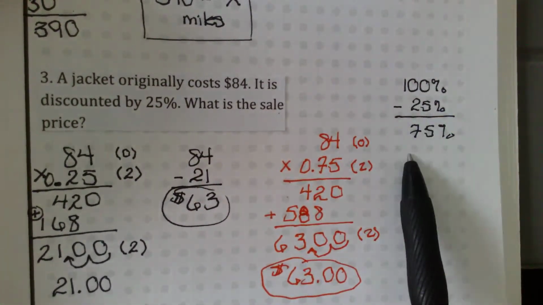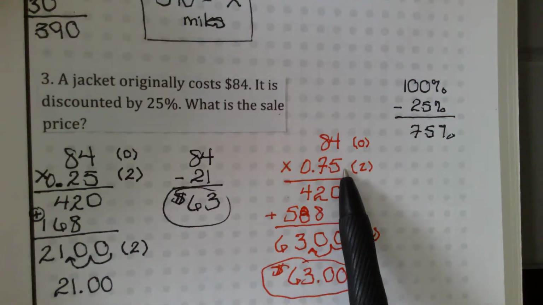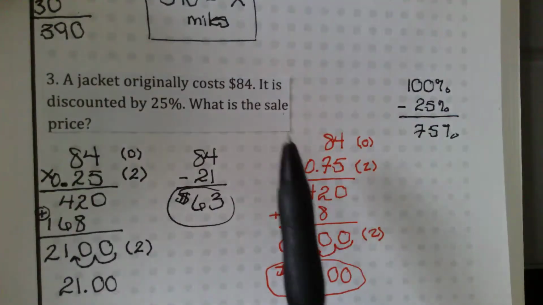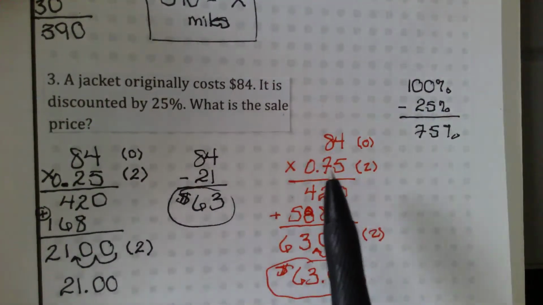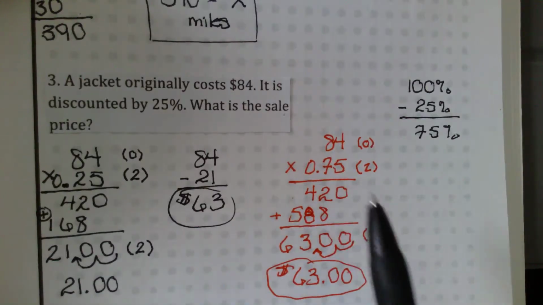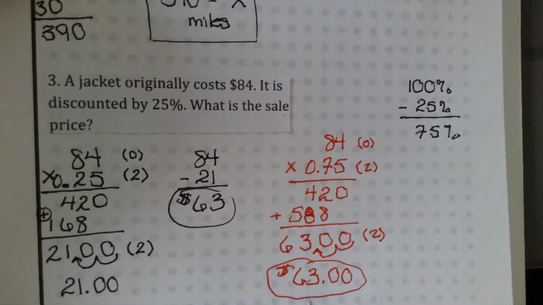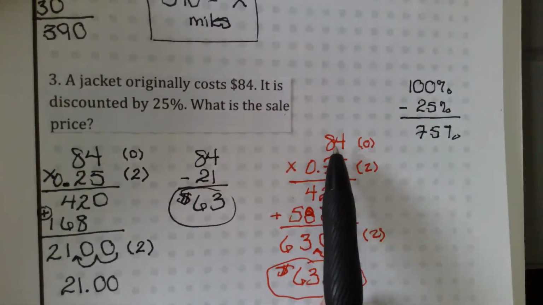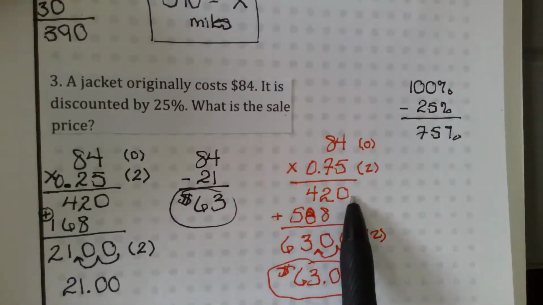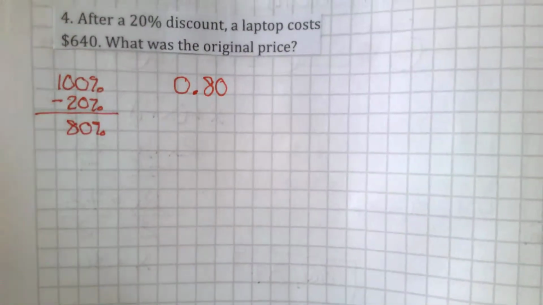We figured out what the difference was, and then we multiplied that percent as a decimal by its original cost. So we had to do multiplication to figure out the sales price. This time we don't know the original cost, but we're doing the same operation. We're still going to multiply.